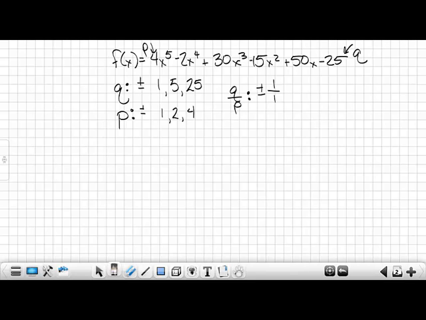My first Q is 1, my second P is 2. First Q is 1, second P is 4. Second Q is 5 over 1. So I'm just following that pattern. Every possible combination, I don't have time for it today. I apologize.